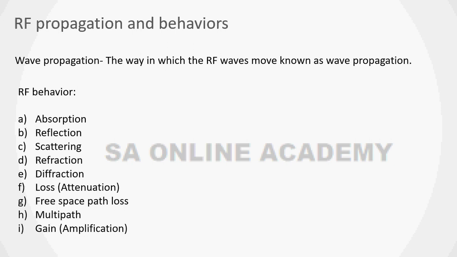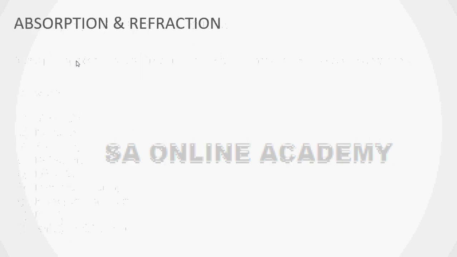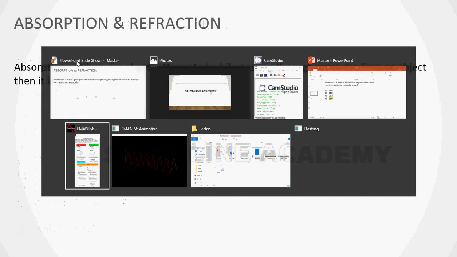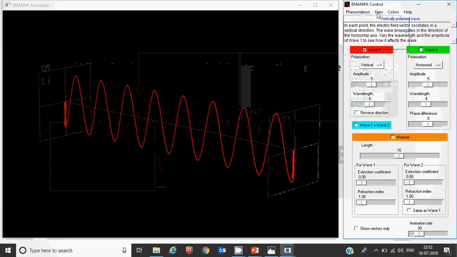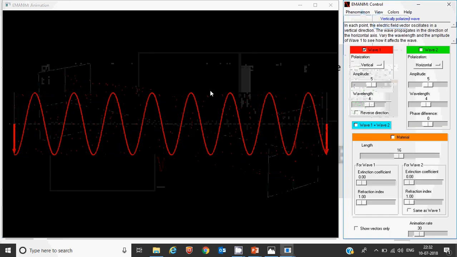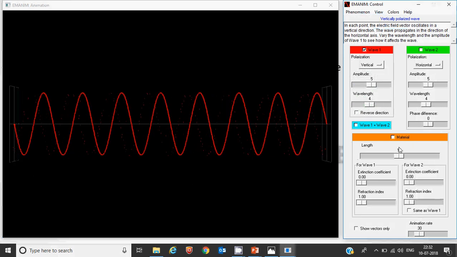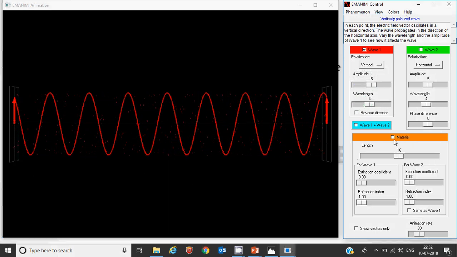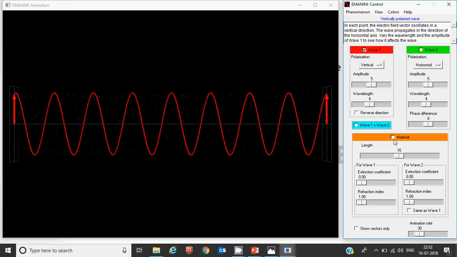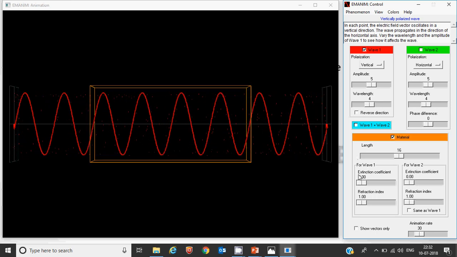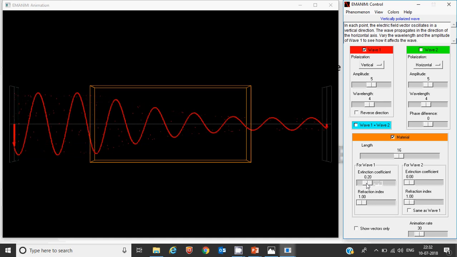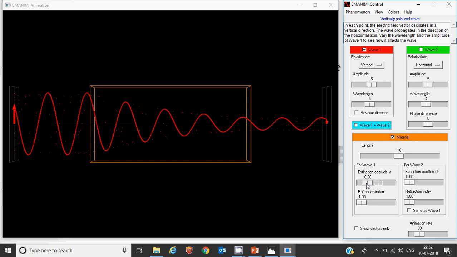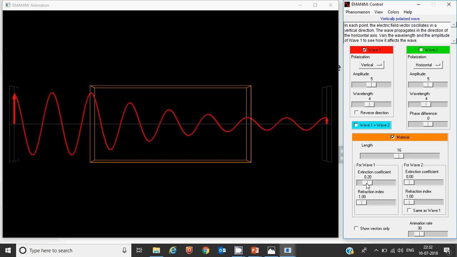Absorption. I will show you through a simulator. So right now this wave is moving perfectly fine. When I pass it through some medium, a medium of different density, it absorbs a quite large amount of its amplitude or energy.